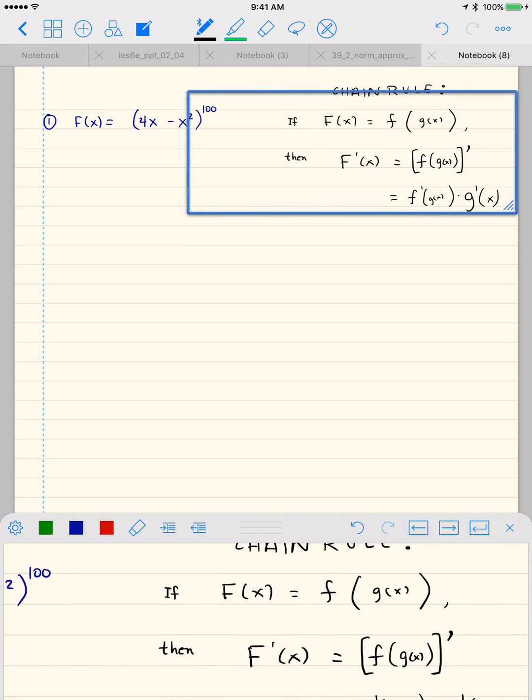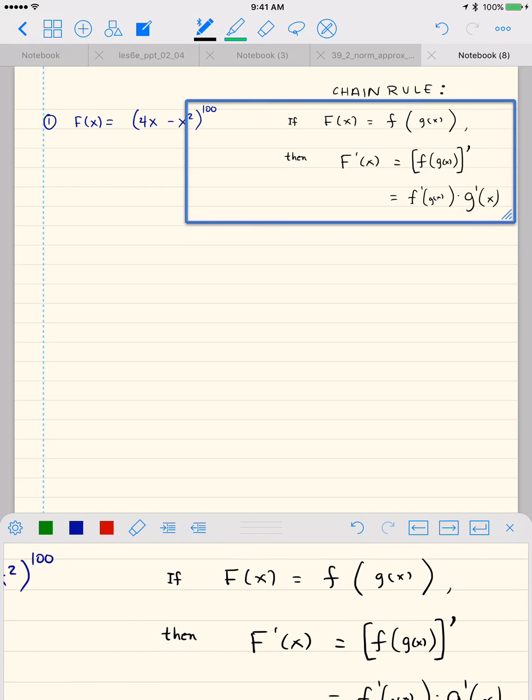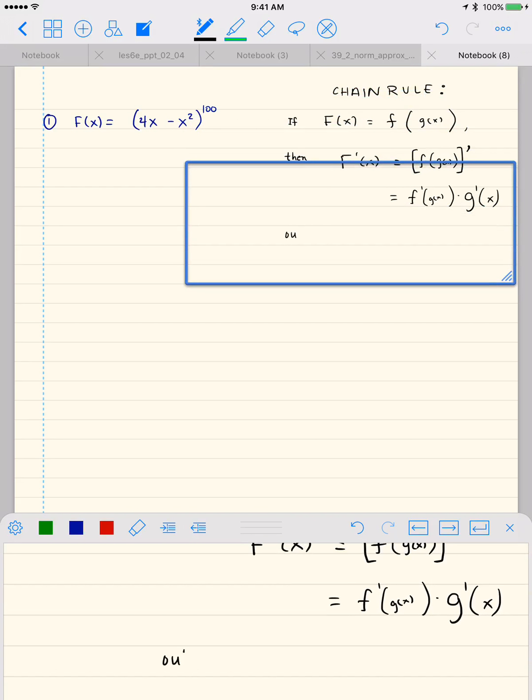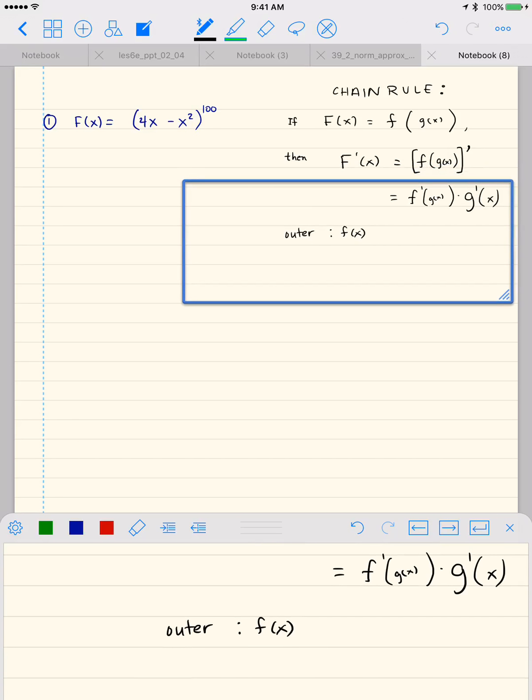Okay, so here our outer function is little f of x, and our inner function is g of x.